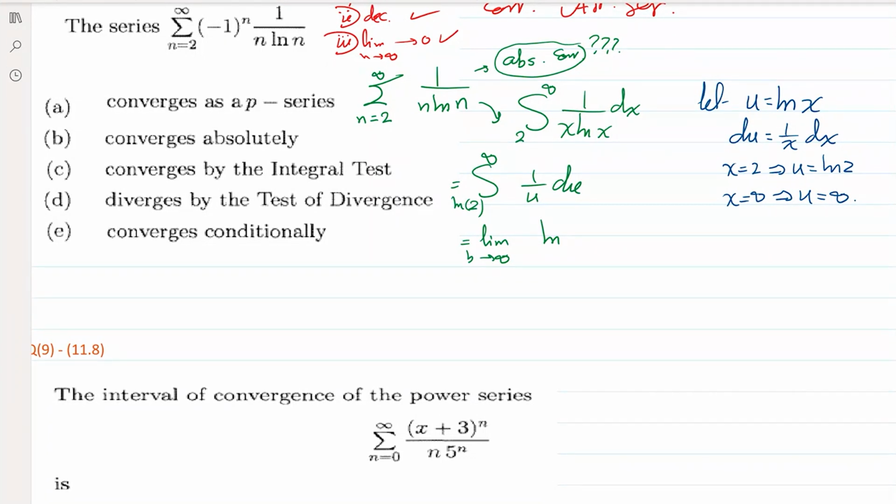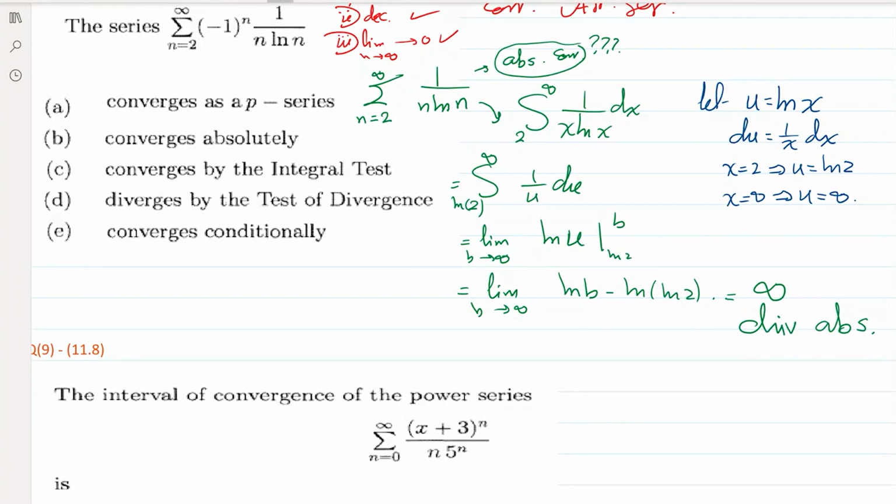So I can replace it by just u. So it will be ln u from ln 2 to b. And this is equal to the limit as b goes to infinity of ln b minus ln of ln 2. Good, and this is equal to ln infinity, so it will be infinity. So it is diverge, absolutely.